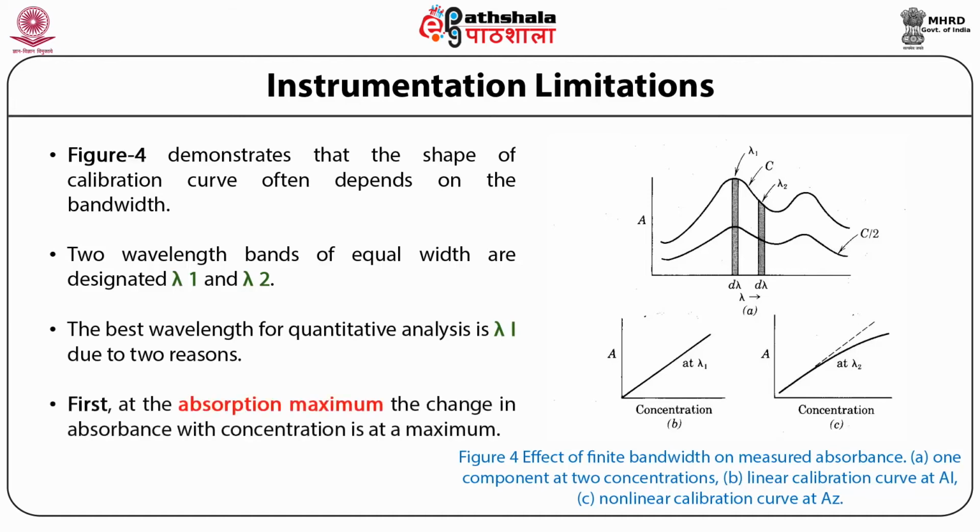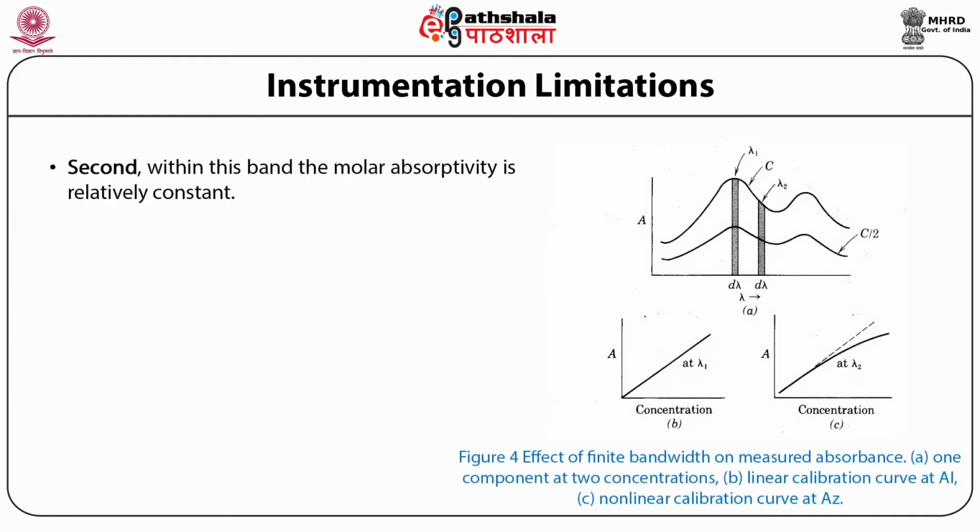First, at the absorption maximum, the change in absorbance with concentration is at a maximum, yielding greater sensitivity and higher accuracy. Second, within this band, the molar absorptivity is relatively constant and a linear calibration curve is obtained, as shown in figure 4b.